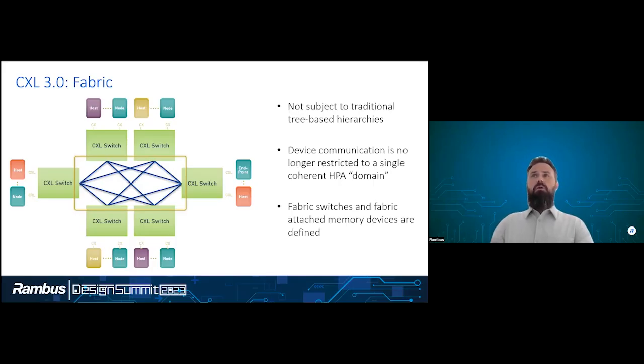So now we've built a new framework around port-based routing, switches dedicated to port-based routing, we call them PBR switches, and then new device types, which are really fabric device types, which also understand and are capable of creating flits using source and destination IDs in the port-based routing mechanism.